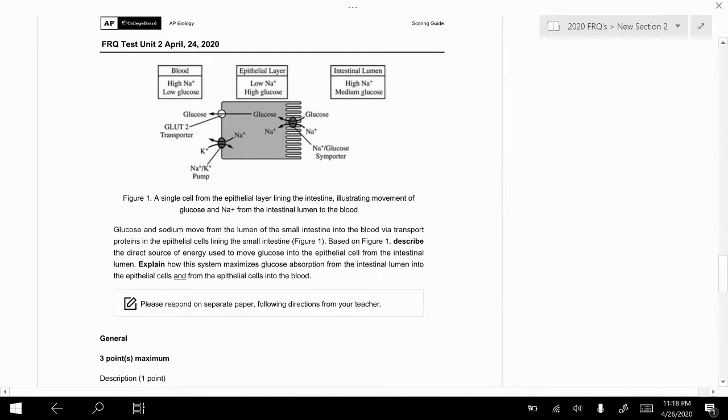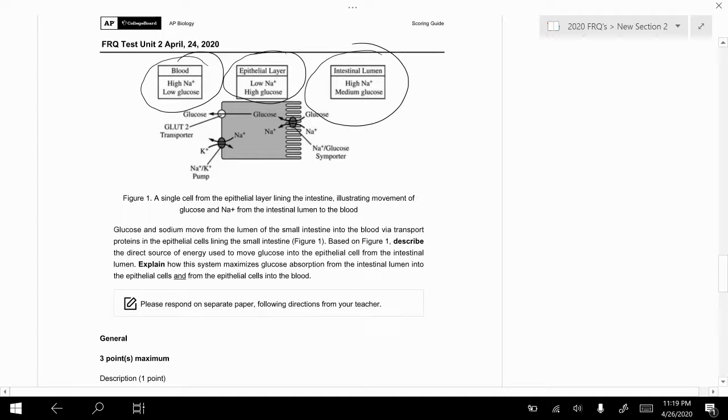All right, glucose and sodium move from the lumen of the small intestine. All right, here's the lumen. Into the blood via transport proteins and epithelial cell linings in the small intestines. Right, here's the epithelial lining in the intestine. Here's the blood.